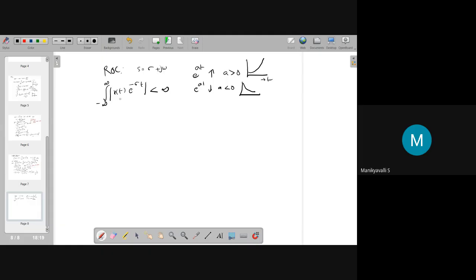So using this one, we can say that in your expression where x of t is equal to t into e power minus t u of t, if you substitute this one, then integral minus infinity to infinity t into e to the power of minus t into e to the power of minus st dt.